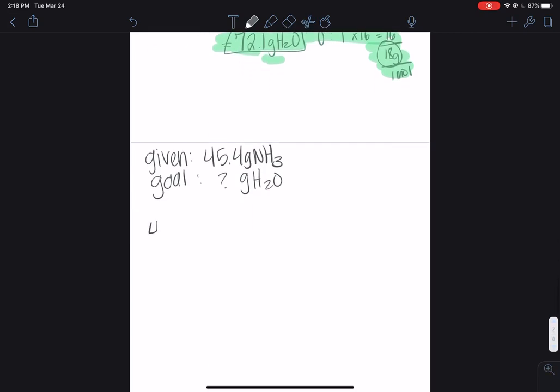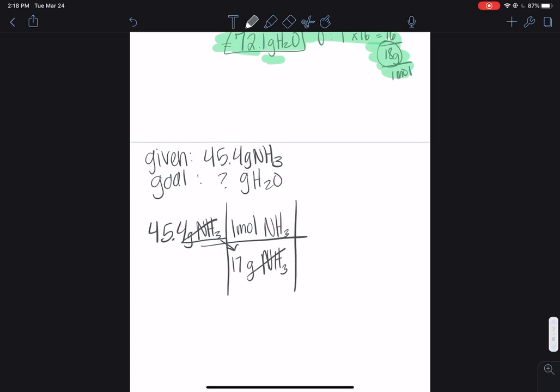So that would look like this. 45.4 grams NH3. Grams of NH3 is on top, so I'm going to put grams of NH3 on bottom. What I know about grams of NH3 is 17 grams is equal to 1 mole. So this is our molar mass. So now grams cancel and I'm in moles of NH3. I'm trying to get to grams of water, so I need to get to moles of water first.